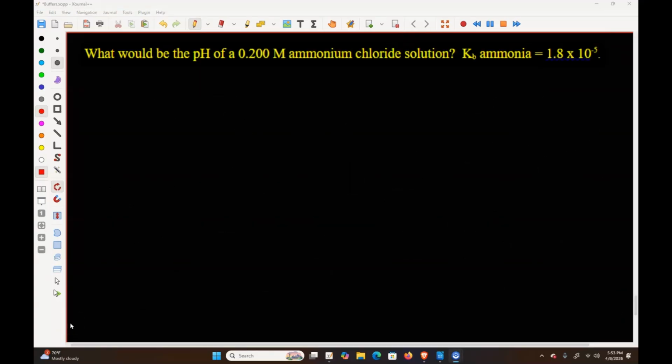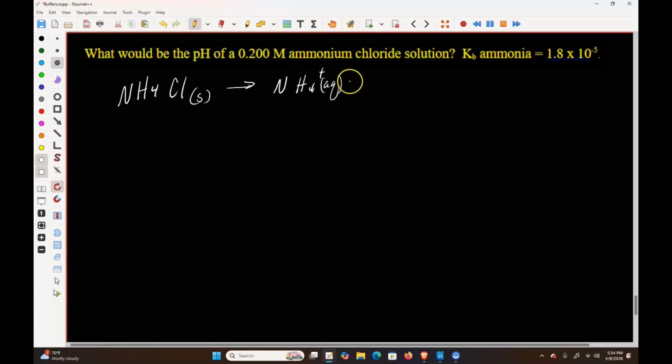All right, so we have another salt, ammonium chloride. So ammonium chloride solid gives me ammonium and chloride. Okay, this is an acidic ion.